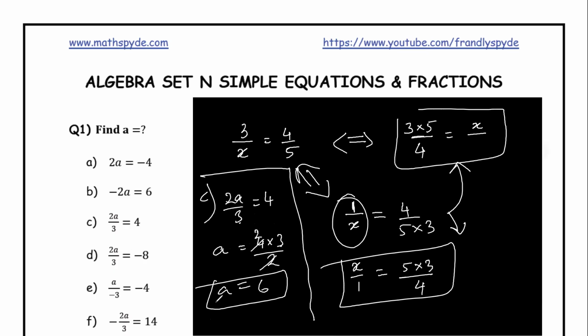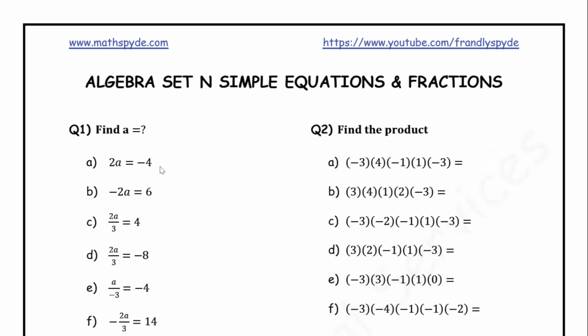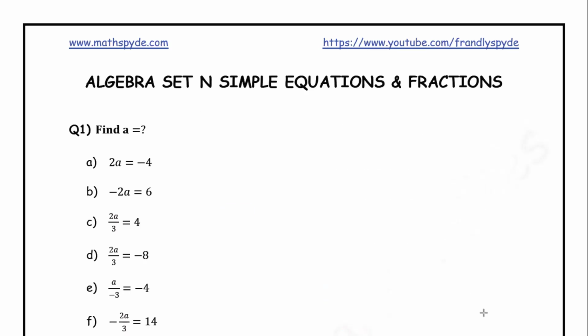Got it? Okay, just one thing you need to understand, that there are limitations to these tricks which I'm showing you. For example, if I have x over 3 or 3 over x, whatever the case may be, is equal to 4 over 5, for example.